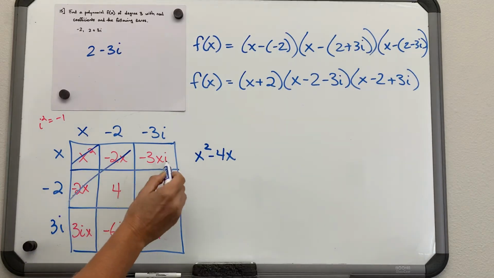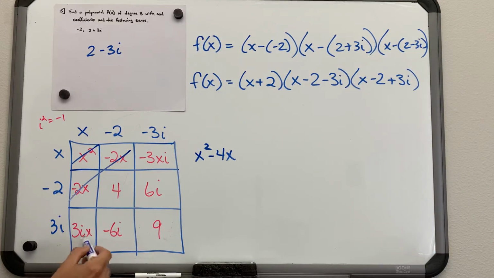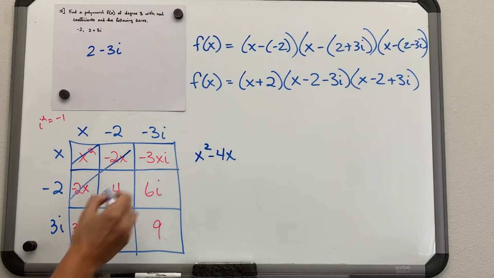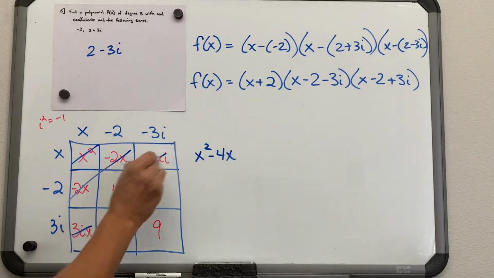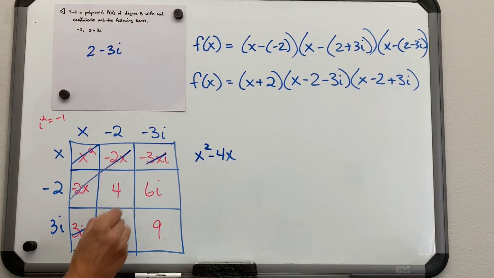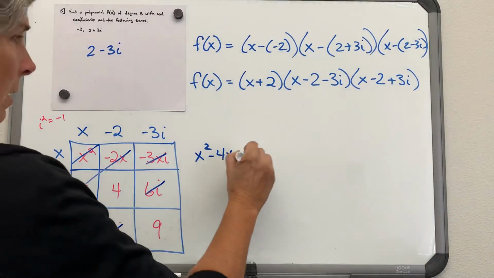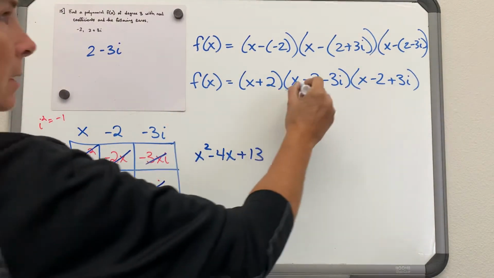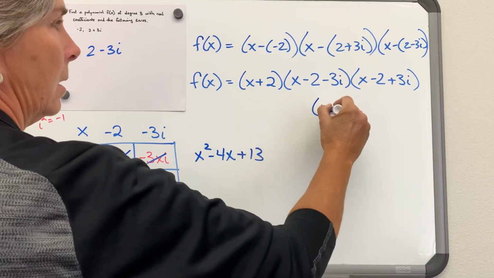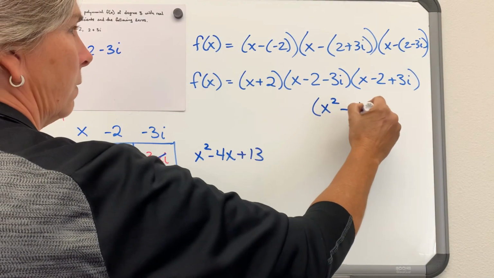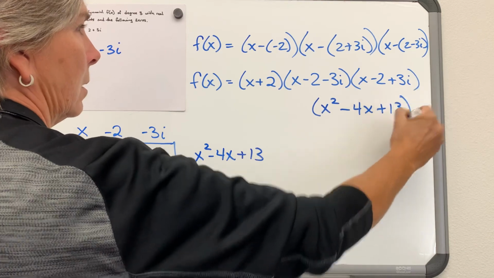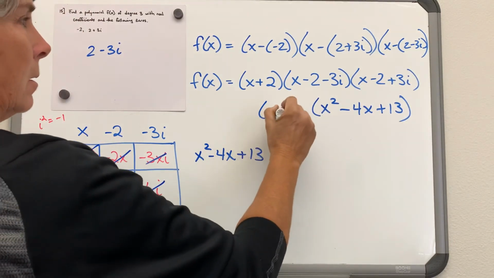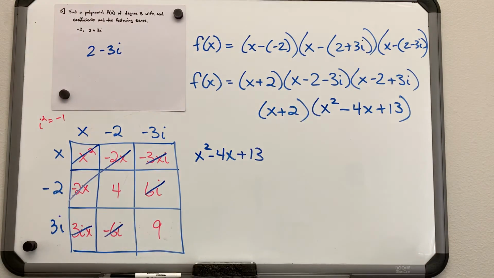Here I have a negative 3xi and a positive 3xi or ix, so those two cancel. Boom, boom. Negative 6i and positive 6i, those cancel. 4 plus 9 is 13. So these two ended up being x squared minus 4x plus 13. I have not yet done anything with x plus 2.